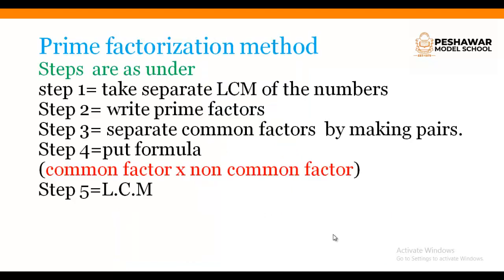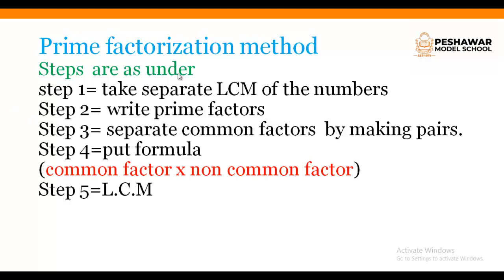So let's start. The very first method of finding the LCM is prime factorization method, and I'm going to divide it into steps. When you follow the steps, your answer will be totally correct. Step number 1, take separate LCM of the numbers.